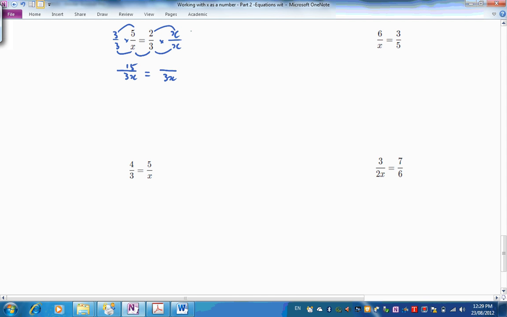And the top line is 2 by x is 2x. So the bottom lines check as being equal. Therefore, the top lines, or the numerators, must be equal. So 15 equals 2x. X has been times by 2 to get 15. We'll now divide by 2 to get 15. So there we have our answer, and again, as a mixed number, it's 7.5.